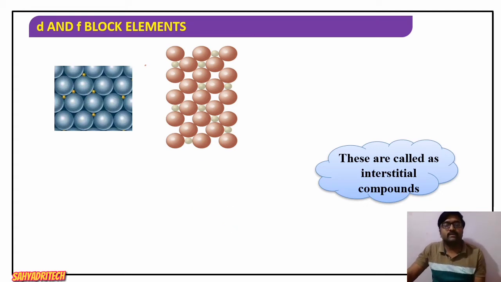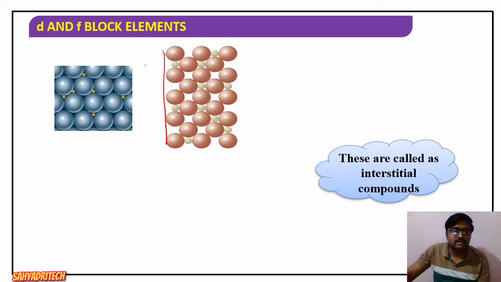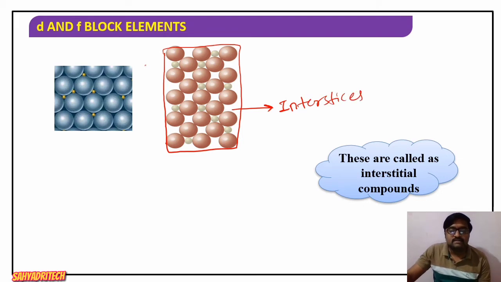How are they formed? In the crystal lattice of a compound or an element, there exist a large number of interstices, or empty spaces.